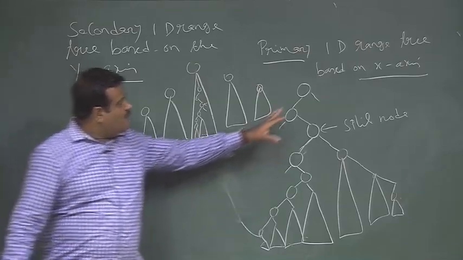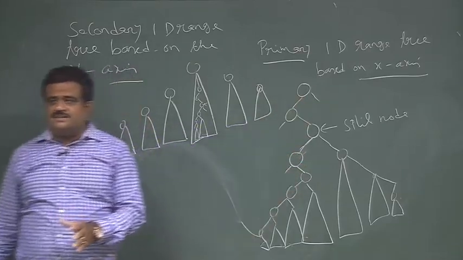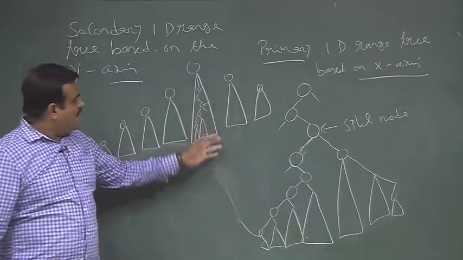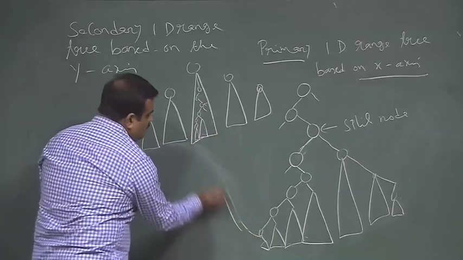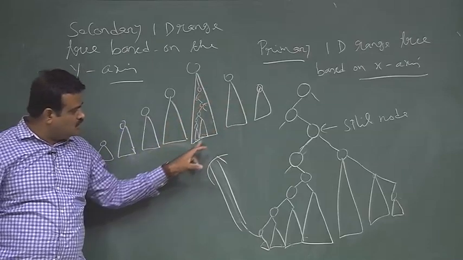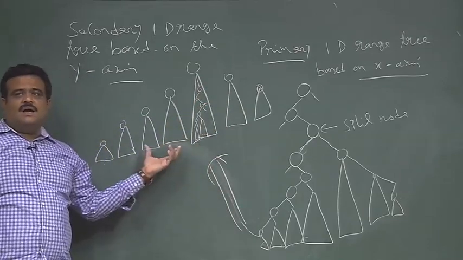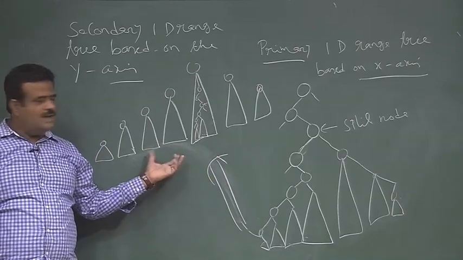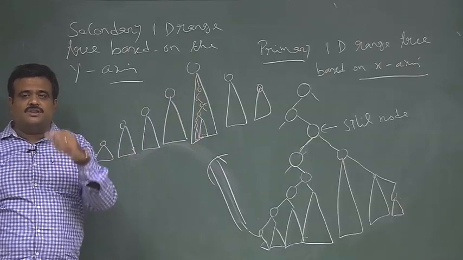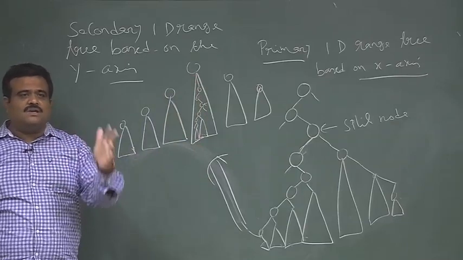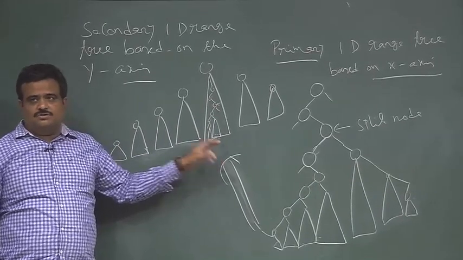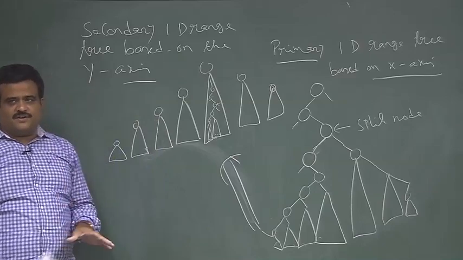We first apply our 1D range search query on the x axis, we get some subtrees, and we have the similar data structure with the same nodes based on the y axis. Then in that tree we do the 1D range search based on the y coordinate, and that will give us the matching of the y coordinate also. So, that will give us the points which are in the rectangle. That is the idea.